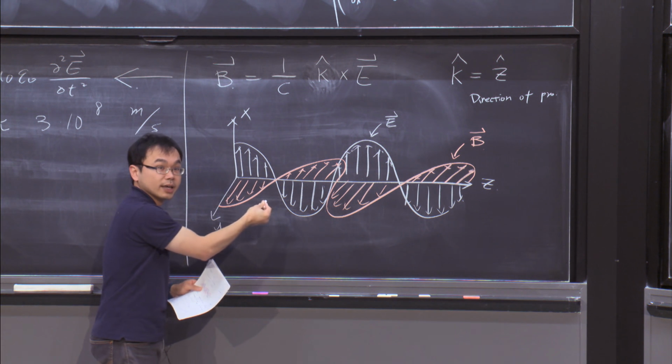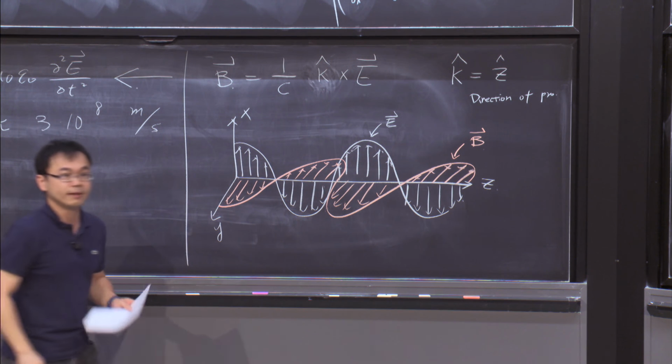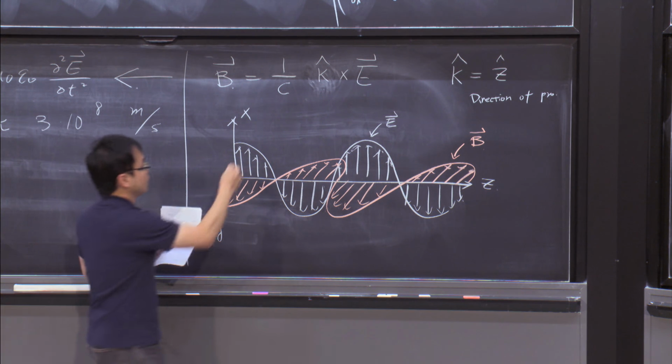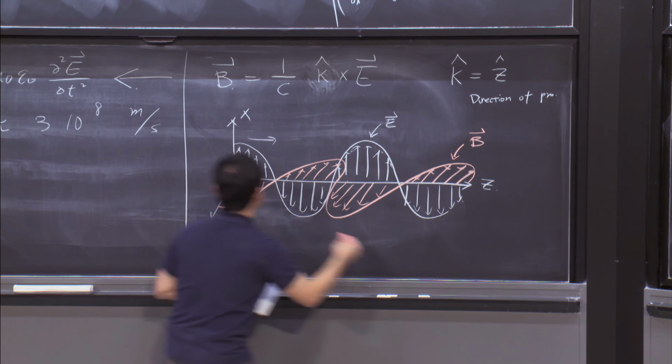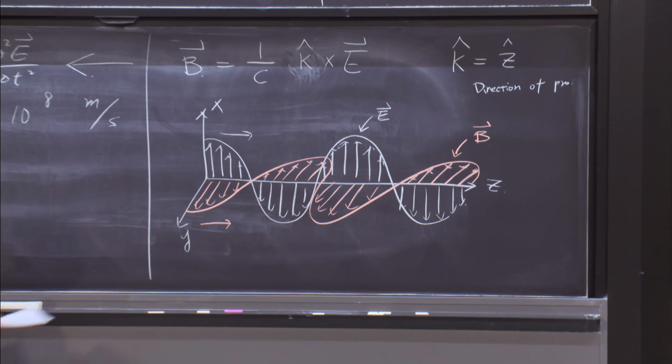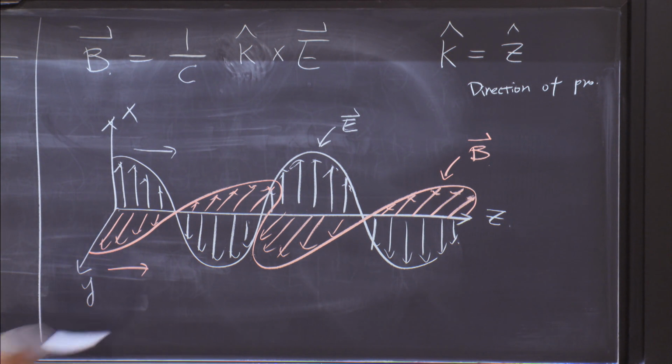Therefore, what we actually get is a lot of vectors, okay? So those individual arrows are vectors. And this whole electromagnetic wave is propagating in the positive z direction. Both the electric field and the magnetic field are propagating at the speed of light, which is c.